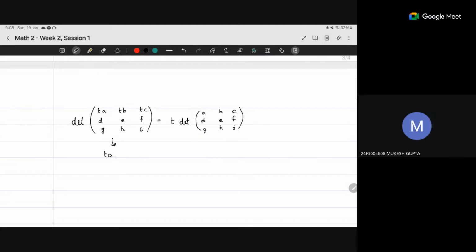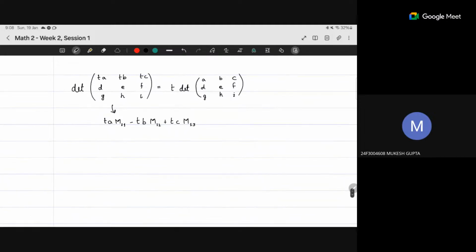We'll be doing tA times M11 plus or minus tB times M12 plus tC times M13. This is nothing but t coming out as a common factor, and what you're left with is A times M11 minus B times M12 plus C times M13. So that's nothing but the determinant of that original matrix, A, B, C, D, E, F, G, H, I.